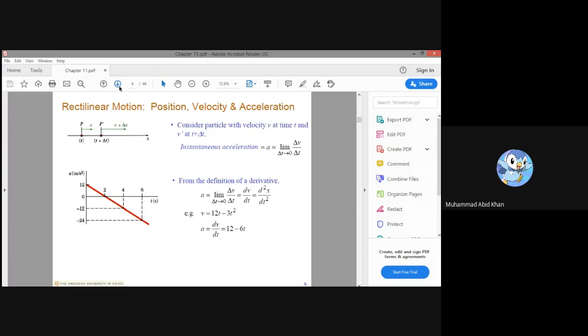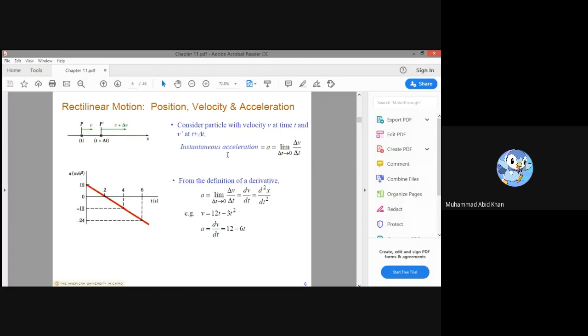Okay, rectilinear motion, position and velocity. Let's consider a particle with velocity v at time t, and the velocity at t plus delta t.